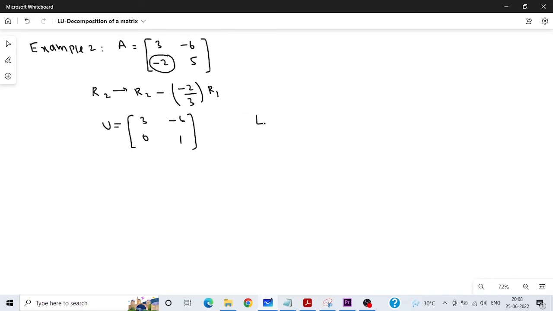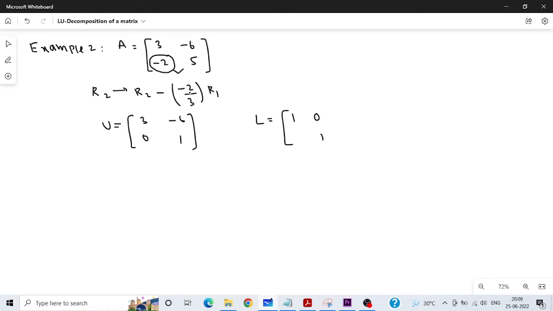Now we can use the row operation to get the lower triangular matrix. In the lower triangular matrix, the diagonal entries are 1 and the above diagonal entry is 0, and then we have used this row operation to make this value 0.